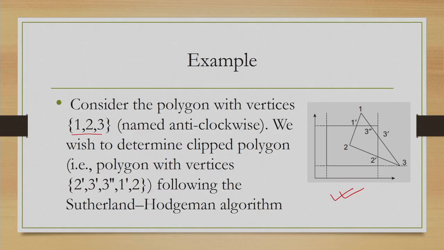Our objective is to determine the clipped polygon, that is this polygon denoted by the vertices 2 dash, 3 dash, 3 double dash, 1 dash and 2, and we wish to do that by following the Sutherland-Hodgeman algorithm.